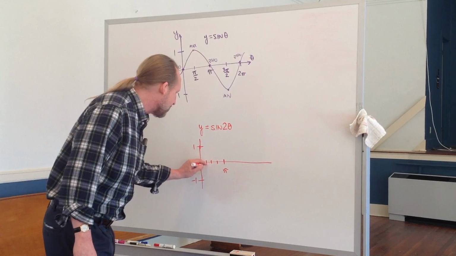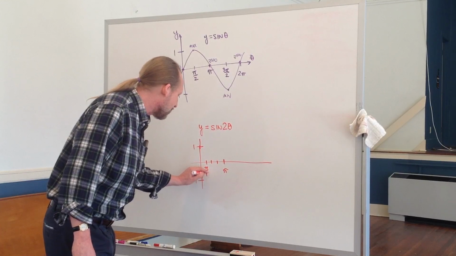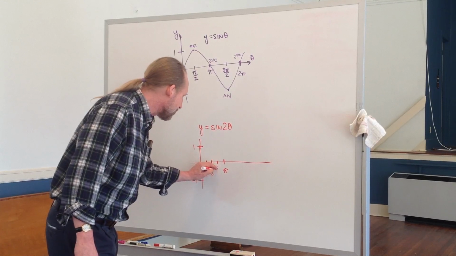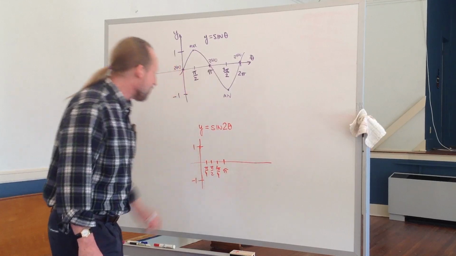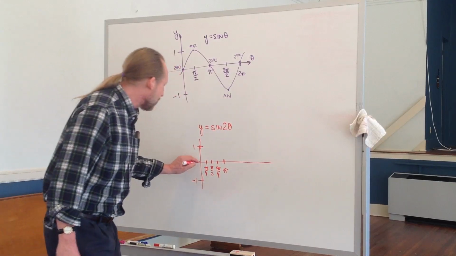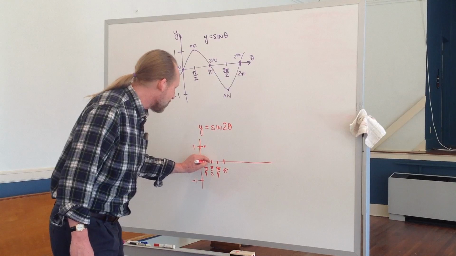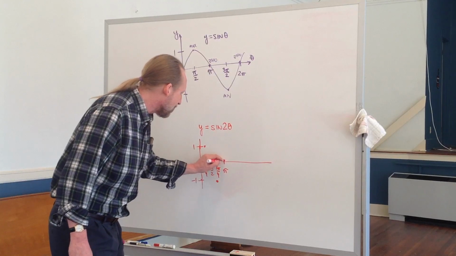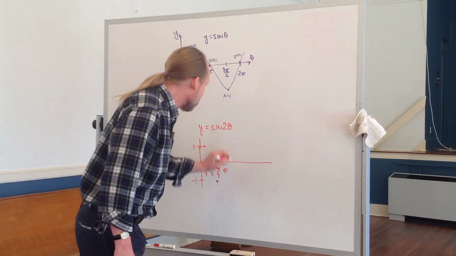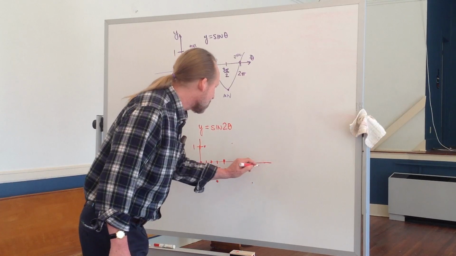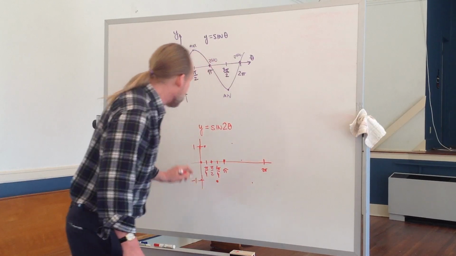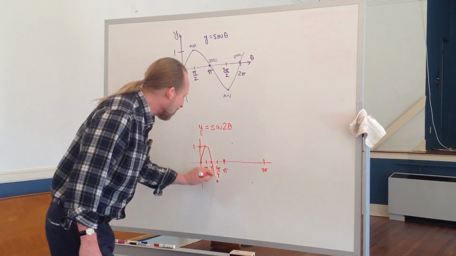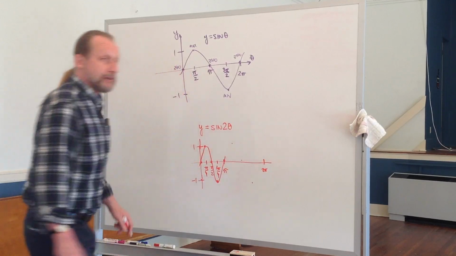So we're going to chop this up into 4 pieces, pi over 4, pi over 2, 3 pi over 4, pi, and then we're going to go 0, maximum, 0, minimum, back to 0. We could do another set here to get out to 2 pi, but in most of these problems, I'm just asking you for 1 period.